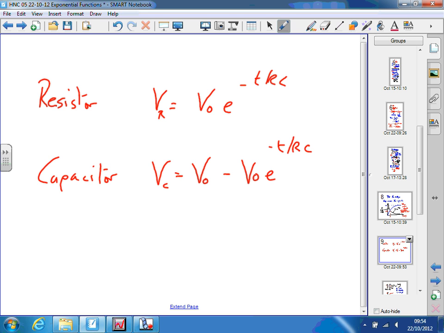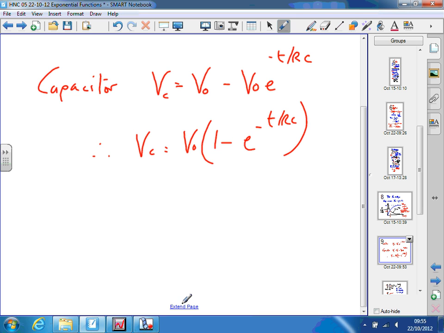Agreed? I can take V0 outside a bracket because that's common to both terms, isn't it? So the voltage across the capacitor is V0 into 1 minus e to the minus t over RC. And that's the classic formula for an exponential growth to a limit. And we can see where it comes from.